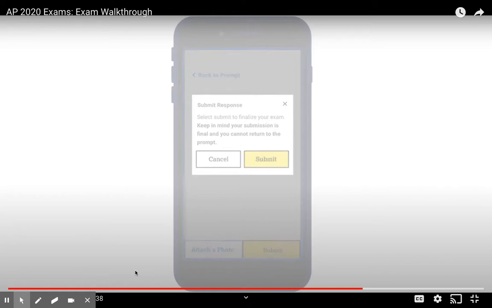Have the pile of pages numbered front and back, 1, 2, 3, 4, 5, 6, 7, 8, 9, 10, however many pages you think you're going to need. Write your initials on top and your AP number. Have those papers ready to go in case you need them.